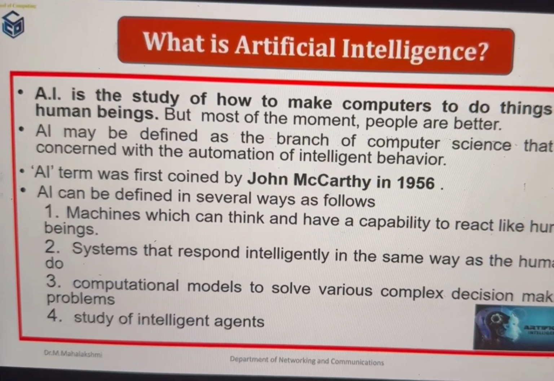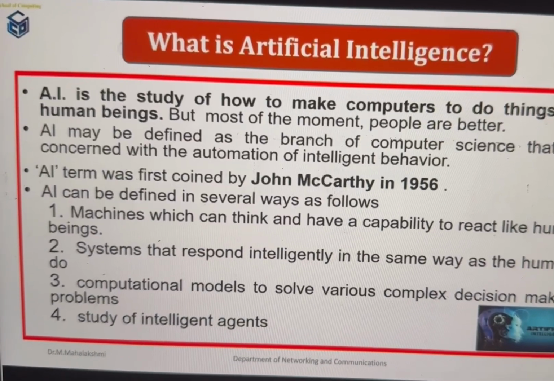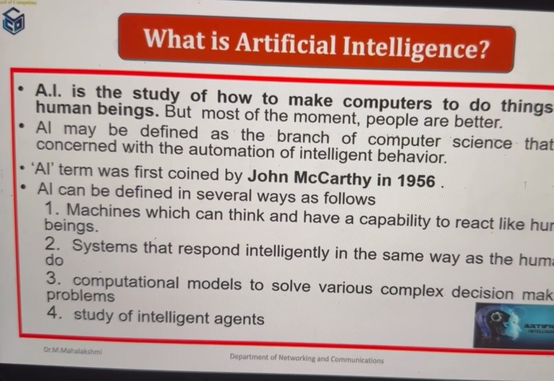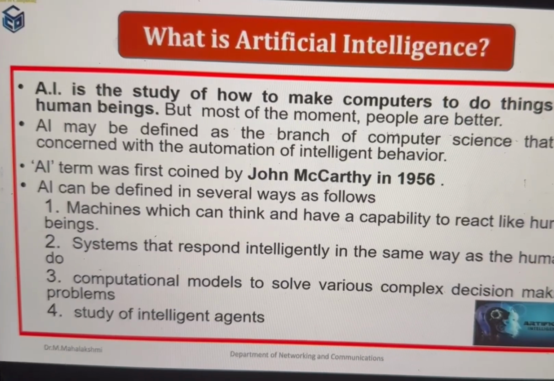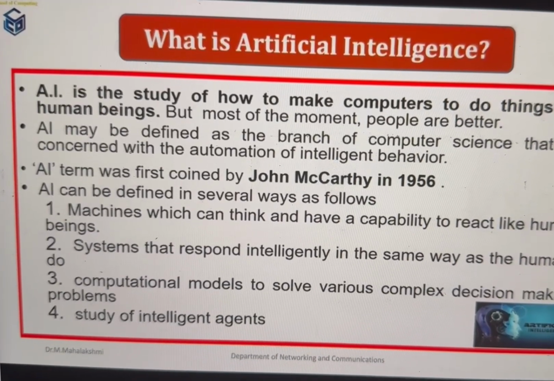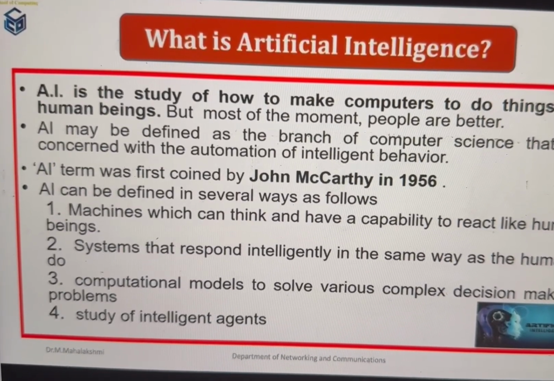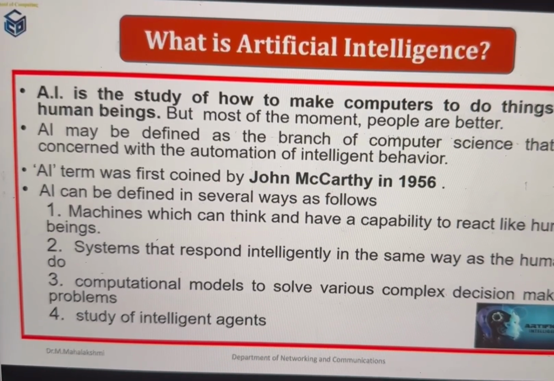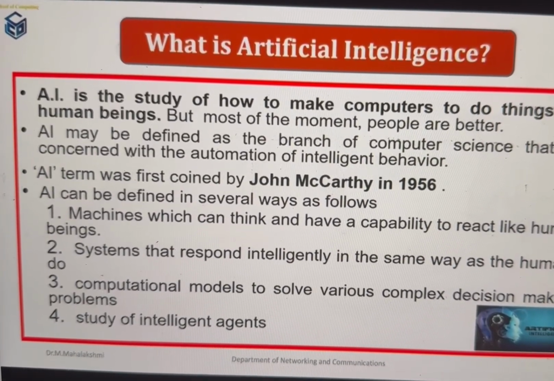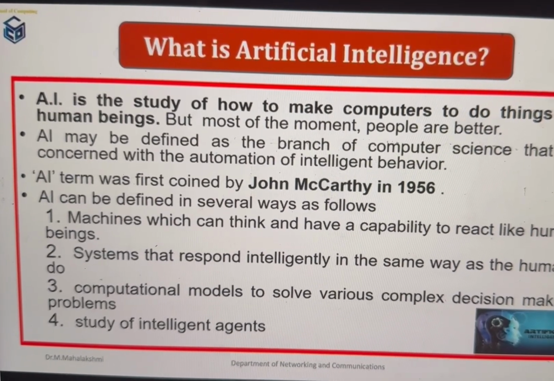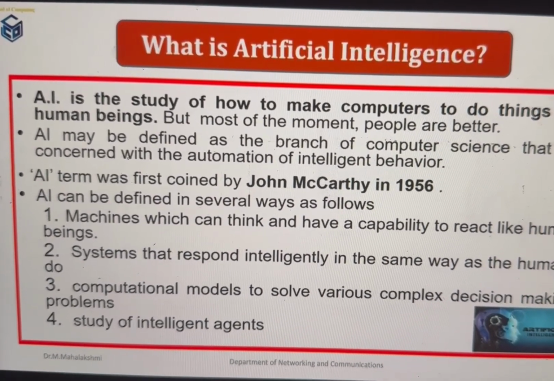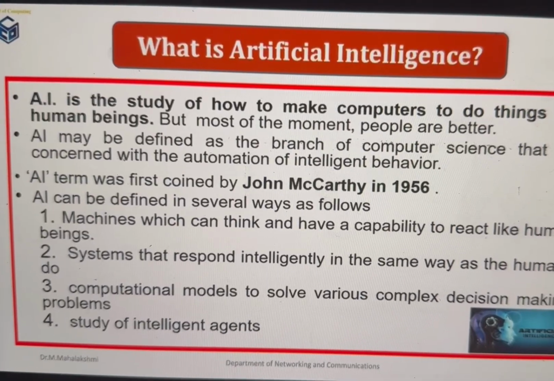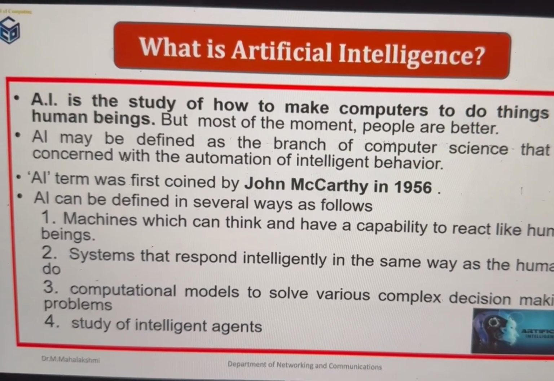That is your AI. As we all know, it is incorporating intelligence into a machine, making your machine behave or think like a human. Behavior is in turn act. So you can make a machine act like a human being as well as think like a human being. That is an AI. This is the first initial definition of an AI.